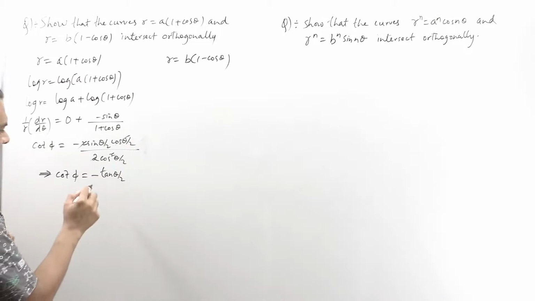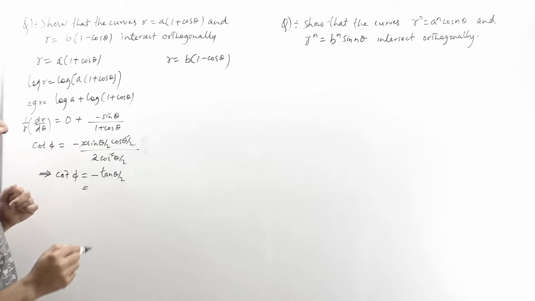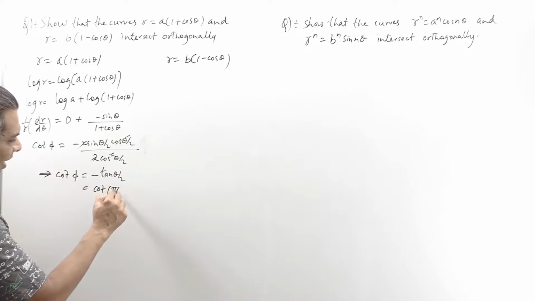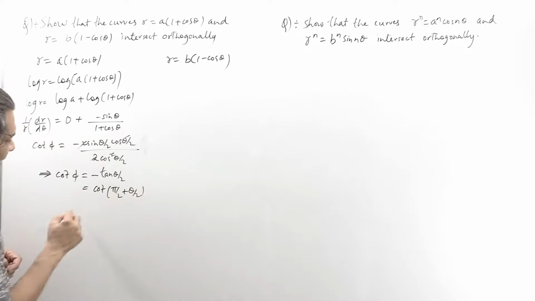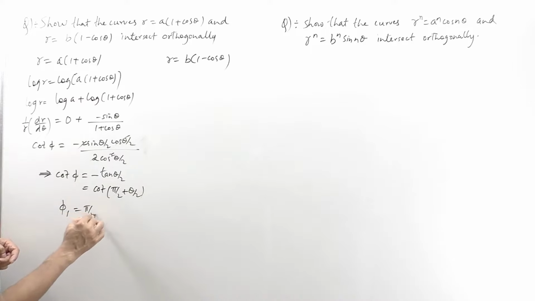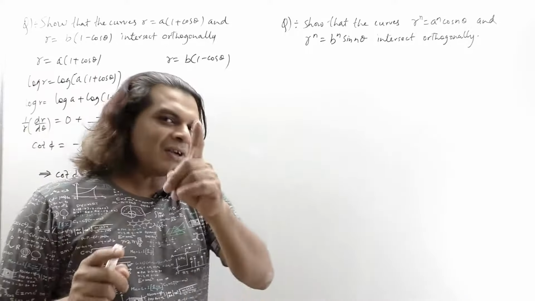Okay, now we can write minus tan in terms of cot as cot of pi by 2 plus theta by 2. Therefore, the first angle I will take as phi 1 is equal to pi by 2 plus theta by 2. Okay, so we have found the first angle now.